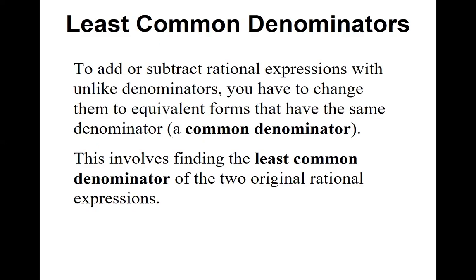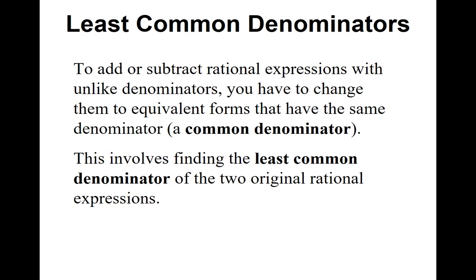So this seems to be going the same way learning fractions did. First, we learned how to simplify fractions, reduce. Then we learned how to multiply and divide fractions. Then we learned how to add and subtract with a common denominator. Then we learned about least common denominators.